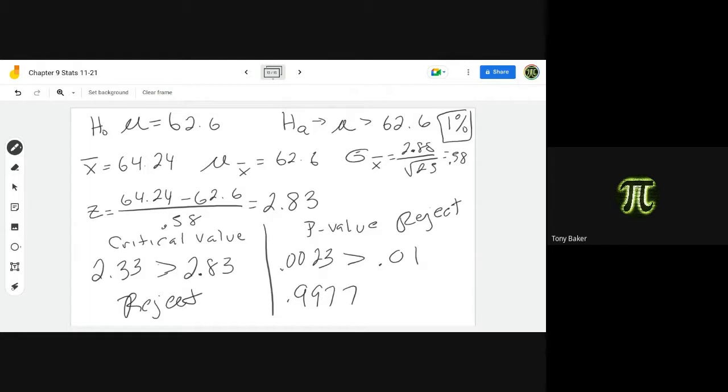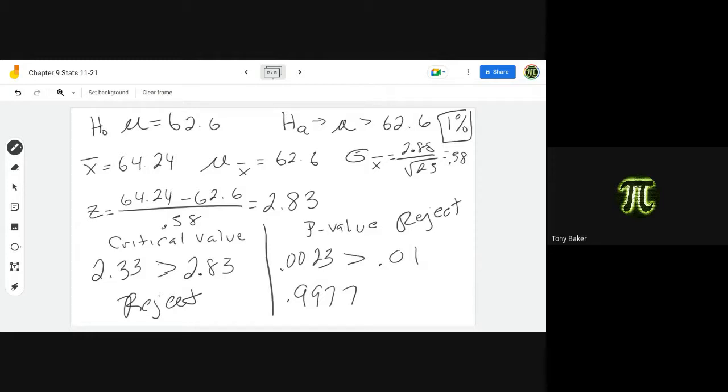This side of the table gives you the number before the decimal point, the standard deviation, and one decimal place after. So 2.8 is right here. Then I look at the top, and it gives me the second decimal number. So 2.8 and 3 is right here.